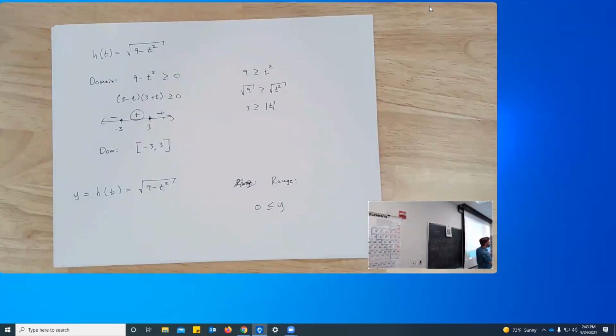If you pick an imaginary number, an imaginary number squared is negative, but we're not going there. The smallest t squared can be is 0. 0 squared is 0, and any other number squared is going to be larger. So the smallest value can be 0, which means the biggest the insides can be is 9. And the biggest this value can be is the square root of 9, which is 3.